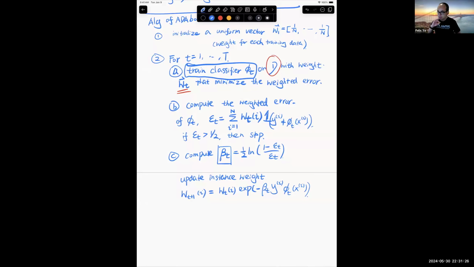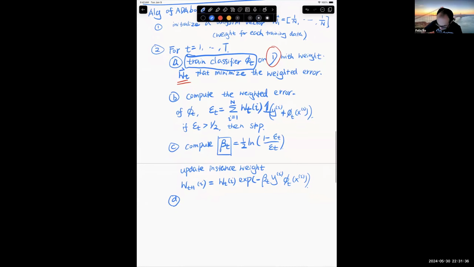That means it is doing some update for my W. Then we normalize my W t plus 1 to be a probability distribution.